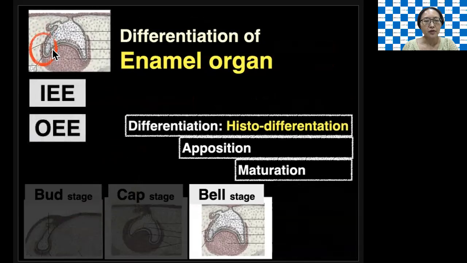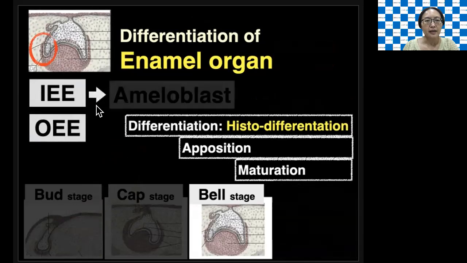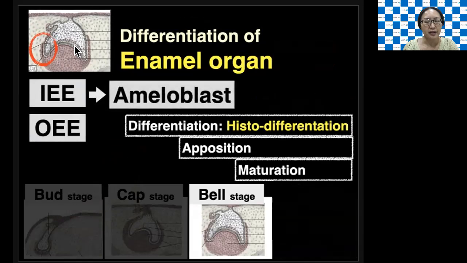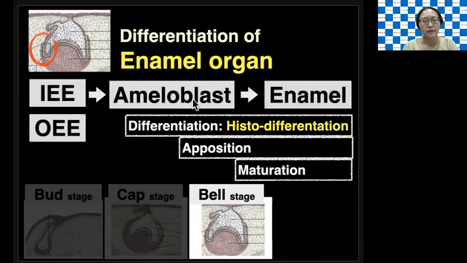There are two main cells of the enamel organ, the inner enamel epithelium and the outer enamel epithelium. And the inner enamel epithelium will differentiate into the ameloblast. And through the process of amelogenesis, it produces and accumulates enamel continuously.